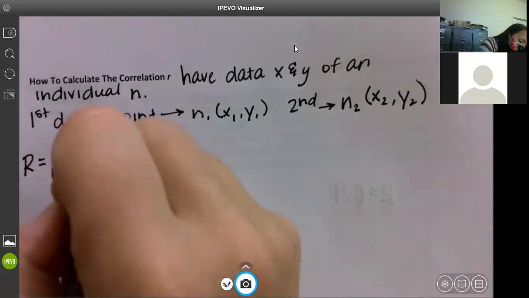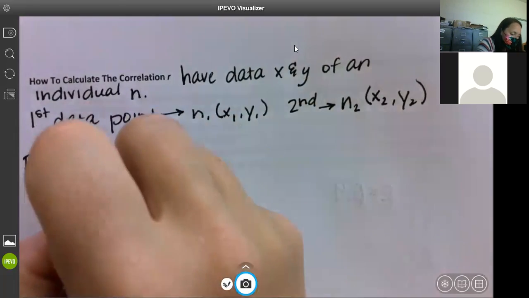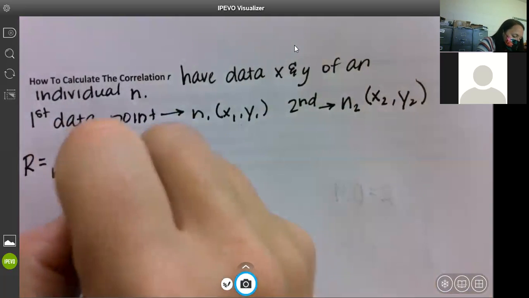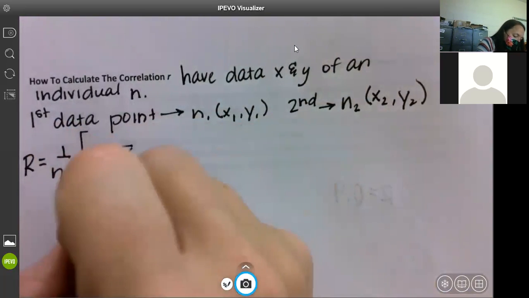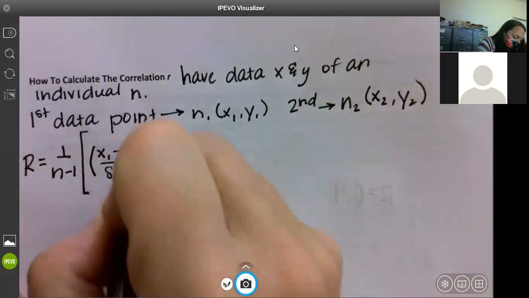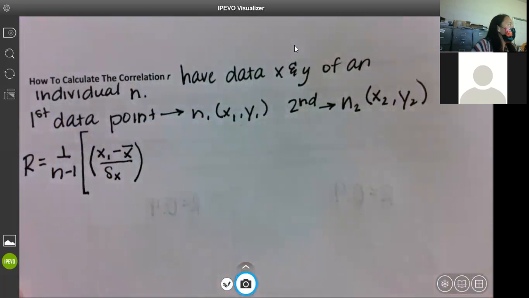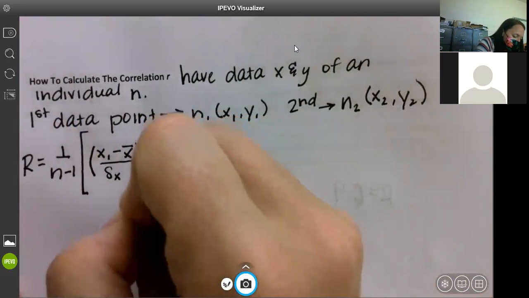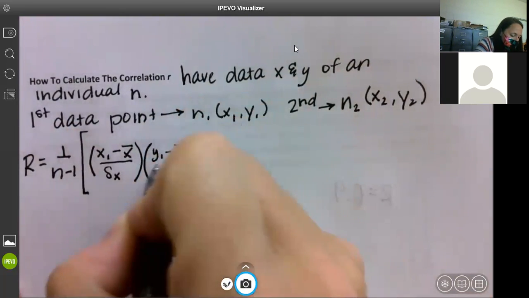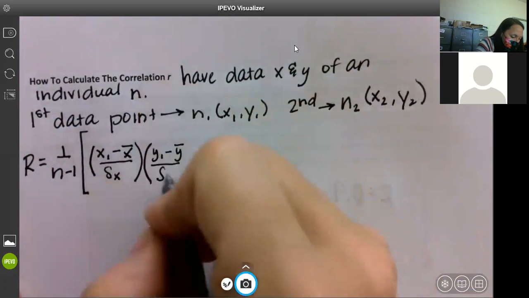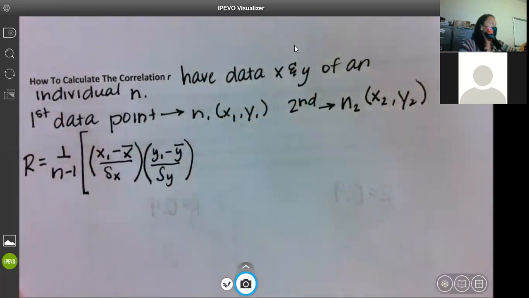You will do your X observation, so your X1, minus your mean over your standard deviation of X, whatever your X is. So it was number of boats in Florida, right? But then you also have to do the number of manatees. So you'd have to do Y1 minus the mean of the manatees over the standard deviation of the manatees.